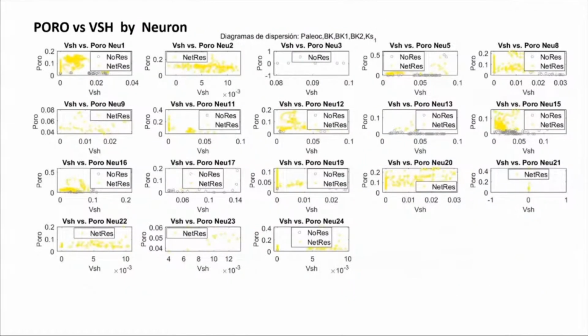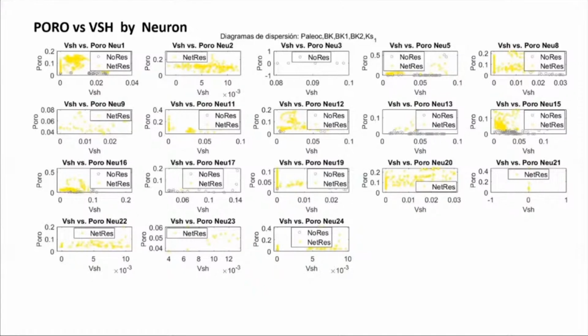Another way to see the behavior of the data is through cross plots. Of course, in this case, we have porosity versus V-shale for each neuron, neuron number 1, neuron number 2, neuron number 3, and so on. All the neurons that were connected or extracted along the well paths within the reservoir. So you can see other cross plots.